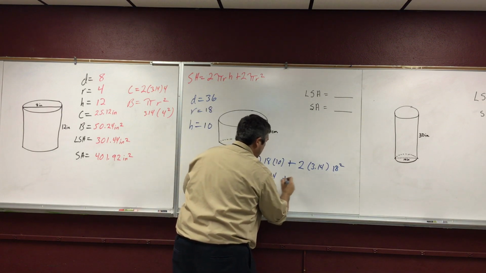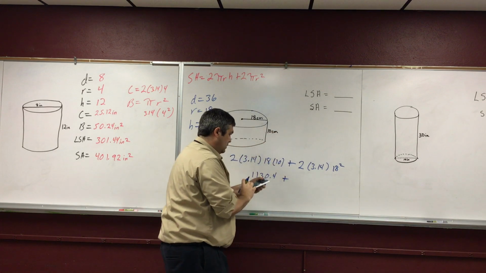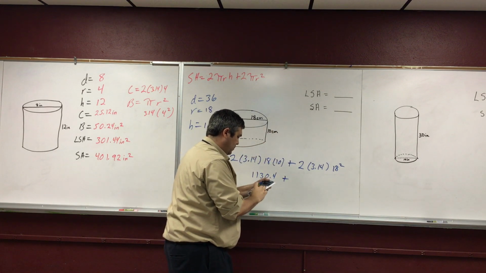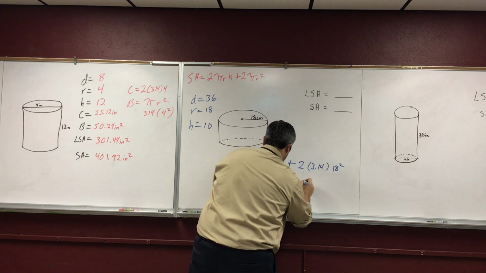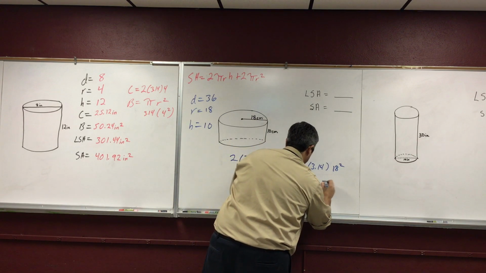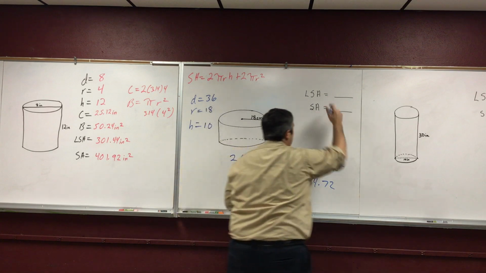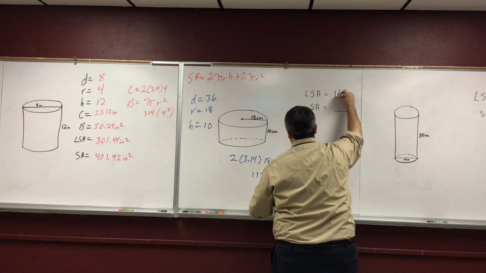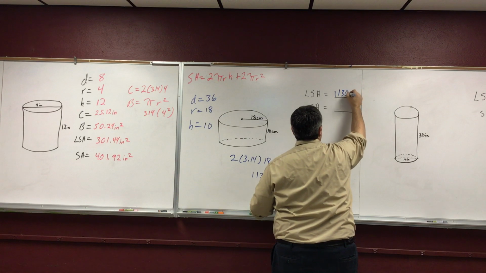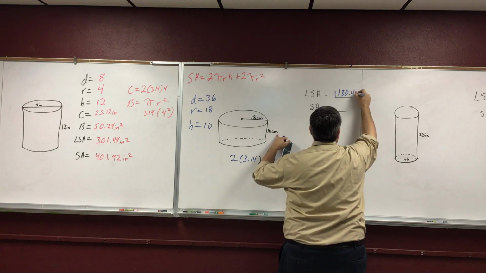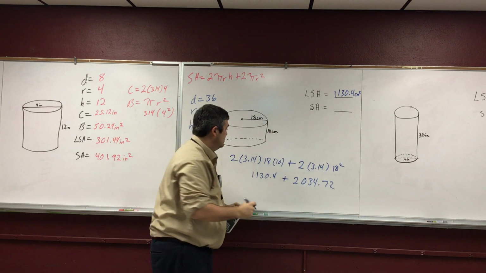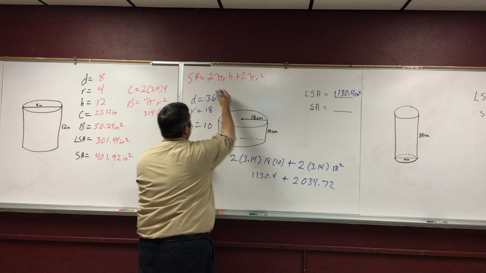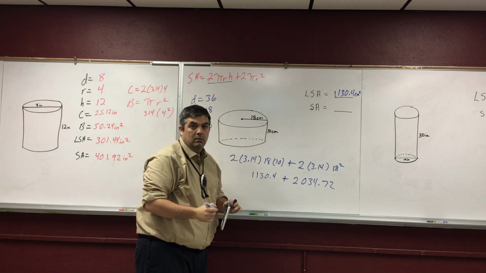Plus, I'm going to do this one: 2 times 3.14 times 18 to the second power, which is 2034.72. So I'm going to move this up here: 1130.4 centimeters squared. That's my LSA, my lateral surface area. It's this part right here.